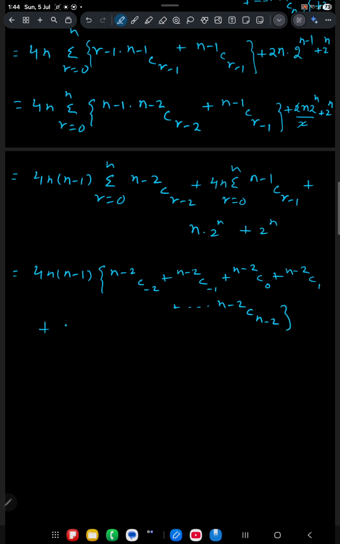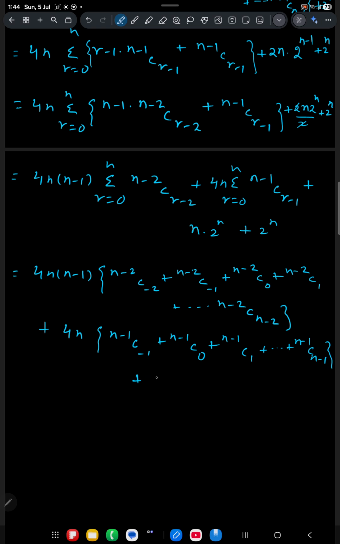Then the second term will be 4n, in the same way: (n-1)C(0-1) is -1, (n-1)C(1-1) is 0, (n-1)C1 plus ... plus (n-1)C(n-1).